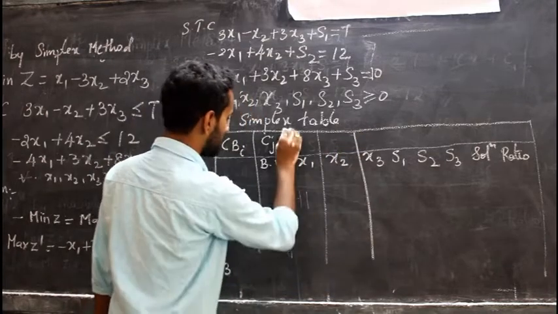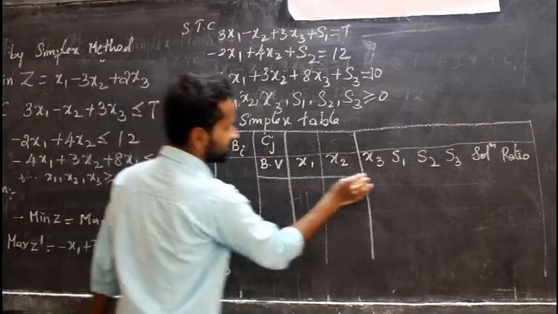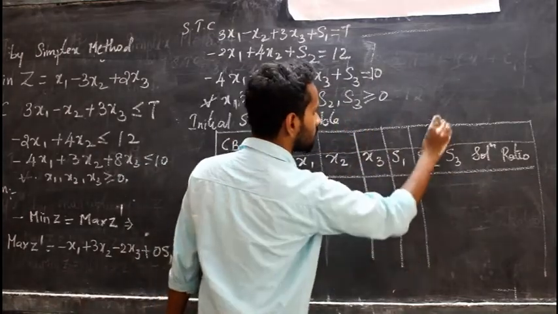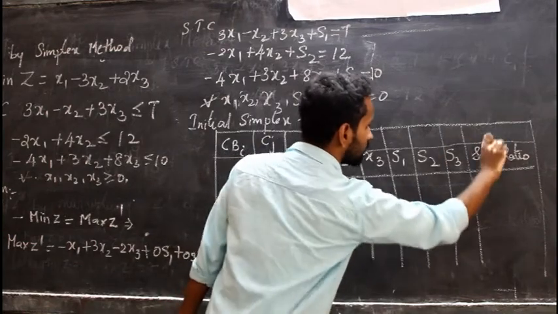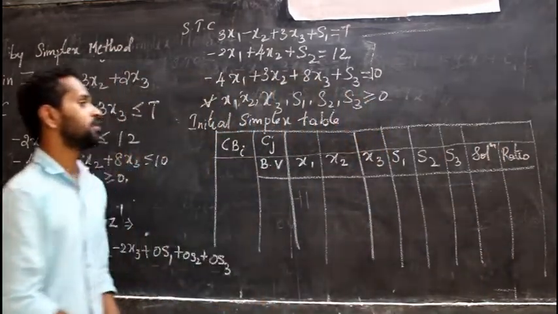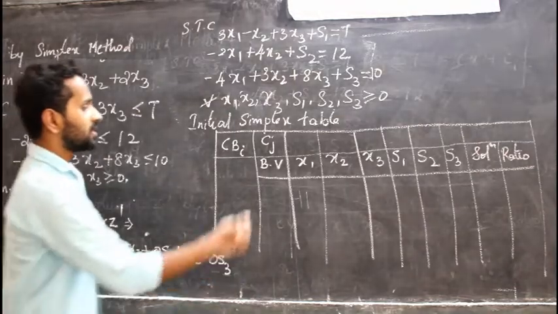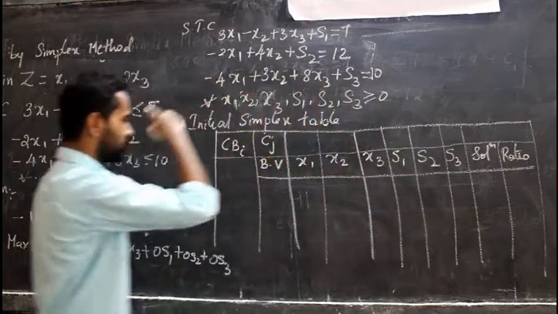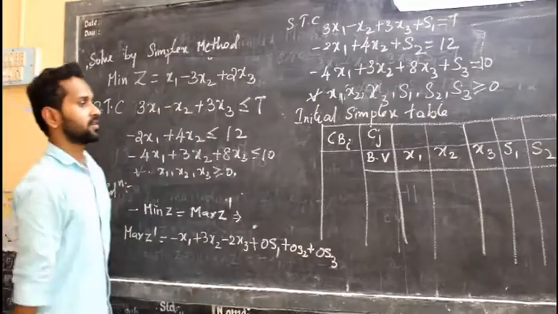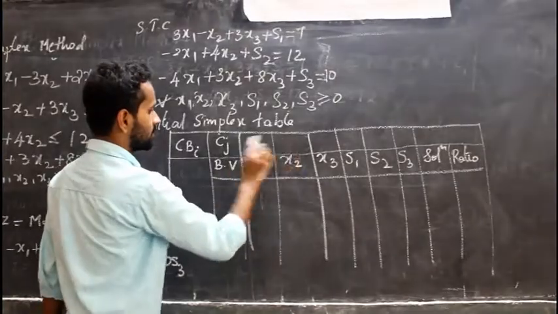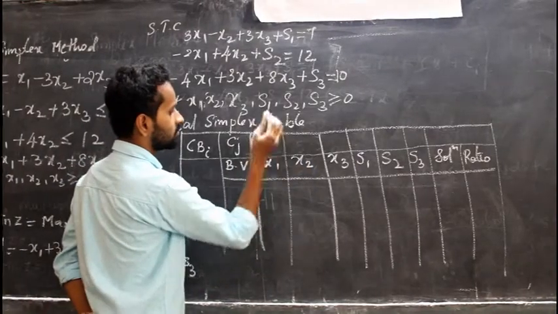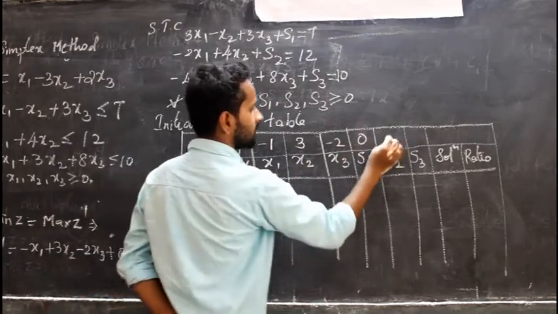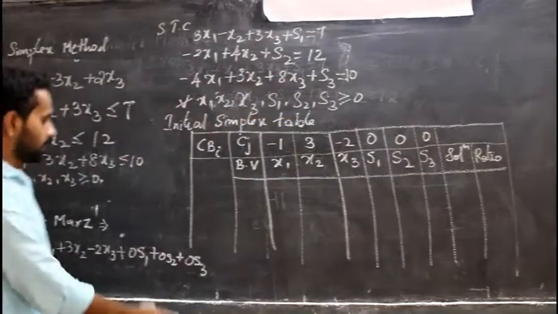Here I need to consider the complete system: x1, x2, x3, s1, s2, s3, solution and ratio. The ratio I will find finally. Now let me write the coefficients of x1, x2, x3, s1, s2, s3 from the objective function and from the constraints. I consider the objective function coefficients under Cj. It becomes minus 1, 3, minus 2, s1 is 0, s2 is 0, s3 is 0.